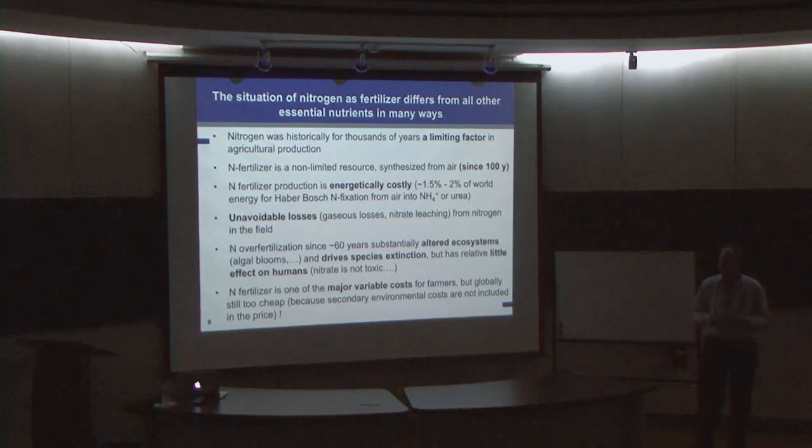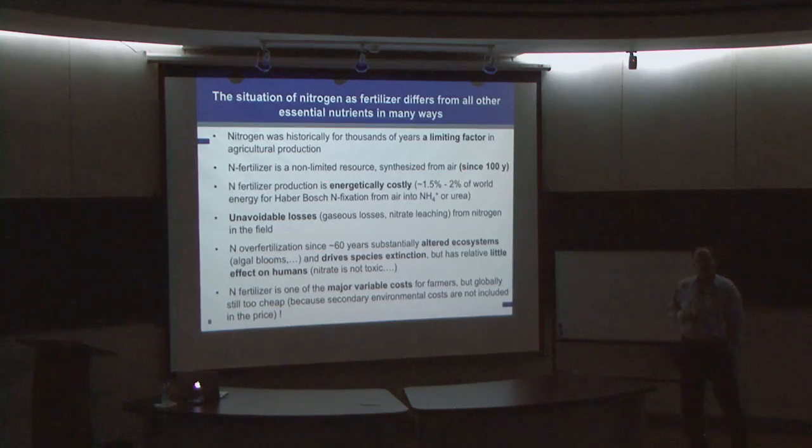So during evolution, during most times of historical agricultural production, nitrogen always was limiting, was the limiting element for plants. Because we have gaseous losses, we have leaching losses, we have deposits, nitrogen was always a problem. And now it's not the case, unlimited.